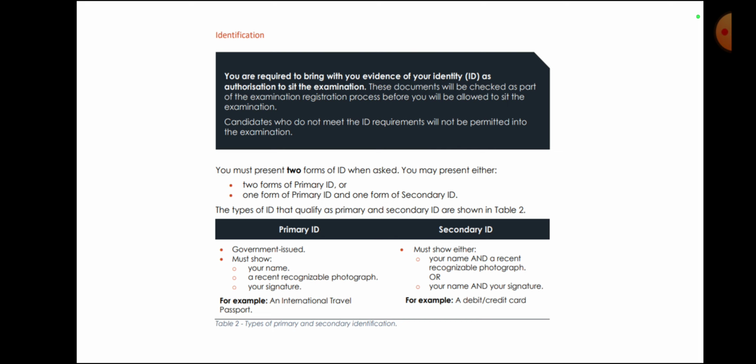Now, coming to the requirements for the written examination, you should have two forms of primary ID, or one form of primary ID and one form of secondary ID.